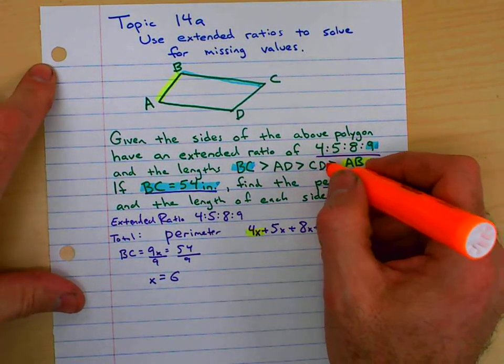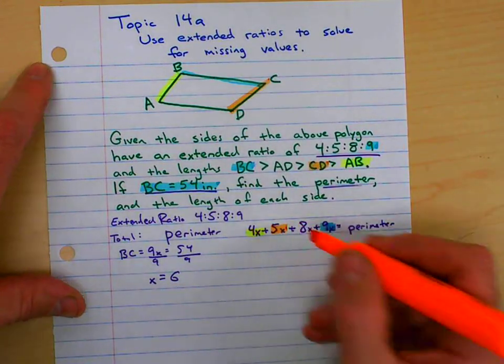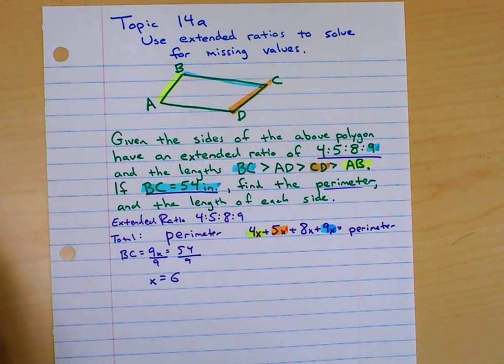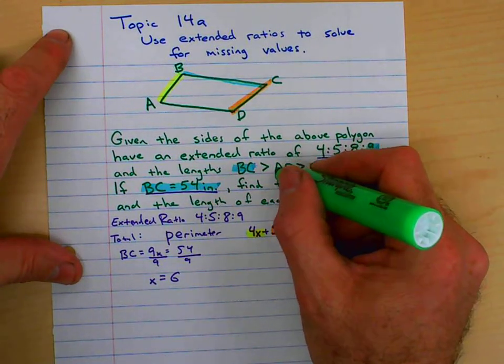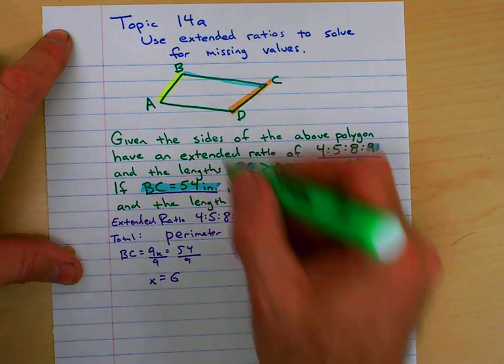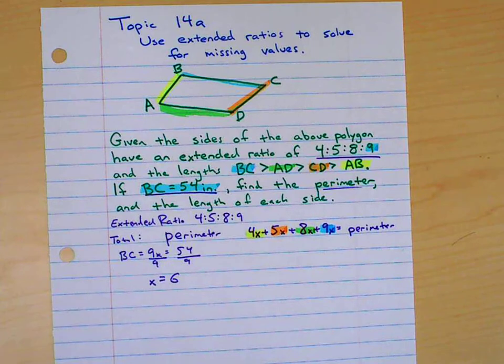CD is the next smallest, which is going to be the 5x. And then we have 8x, which is AD. And 9x is BC. So those are the 4 sides, sort of color coded there.